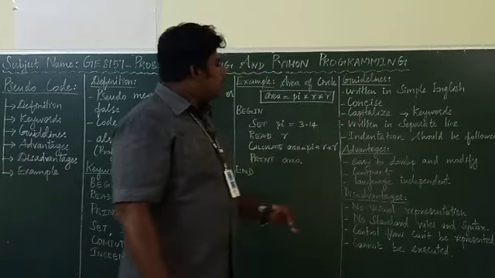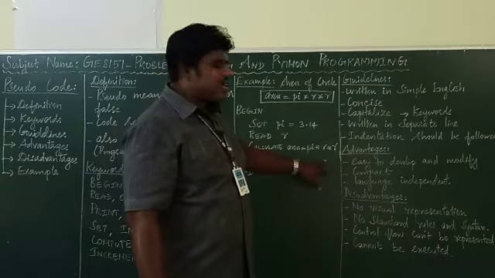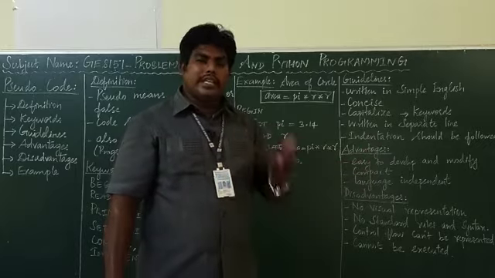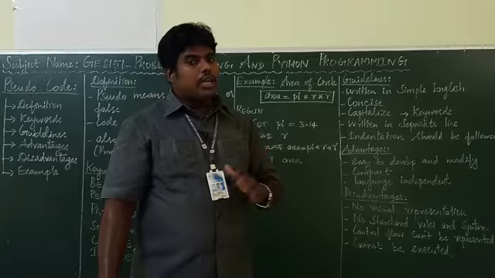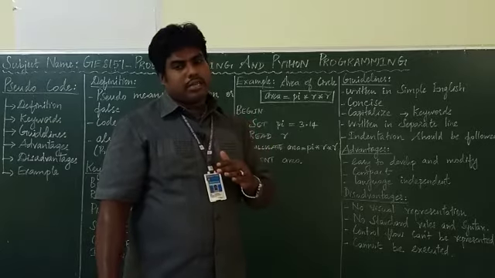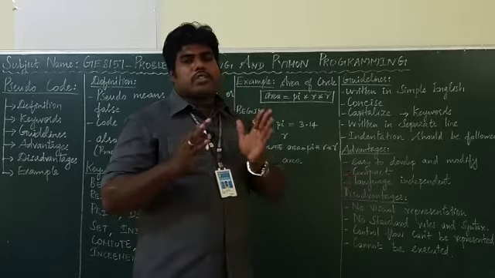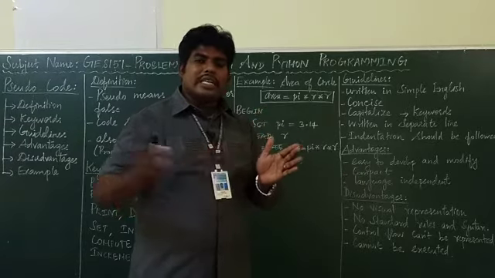Then what are the advantages and disadvantages of pseudocode? The first advantage is easy to develop and modify. We can easily develop it, correct it, modify it and update it. Second, it is compact. It looks like a program. It won't go in sentence manner.